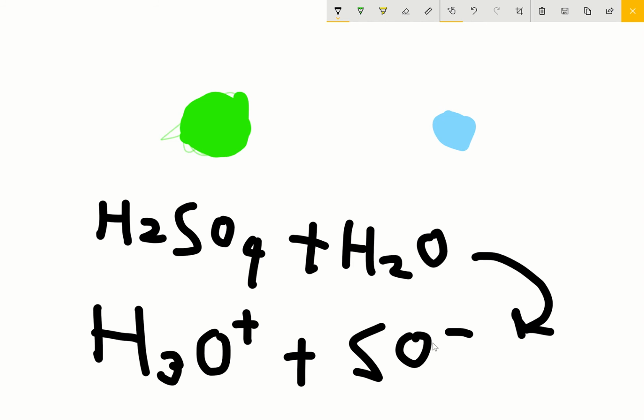Now, to understand ionization, we need to understand ions. Ions are basically just charged particles. They have a charge, plus or minus. There are also different types of ions called cations and anions, but they're too confusing so we won't get into them today.